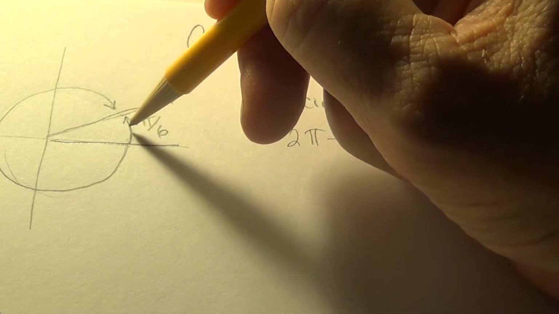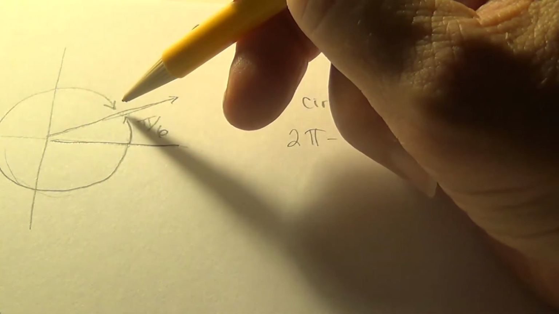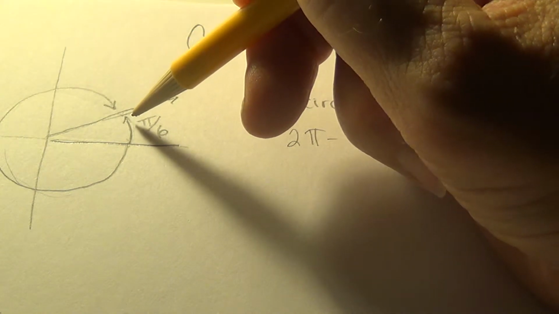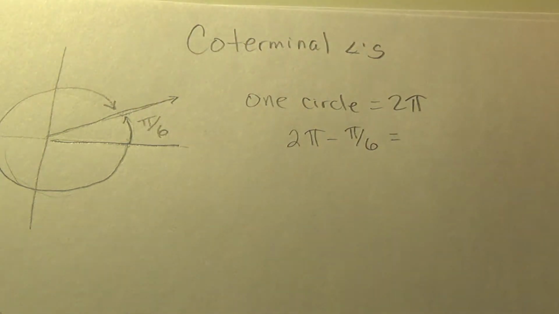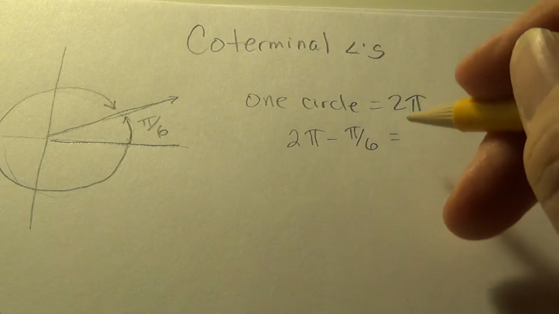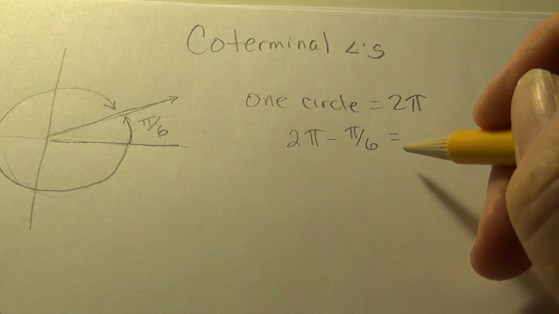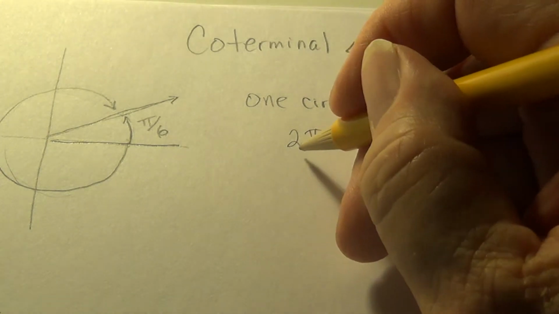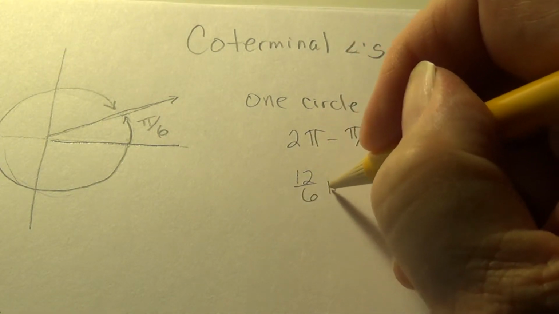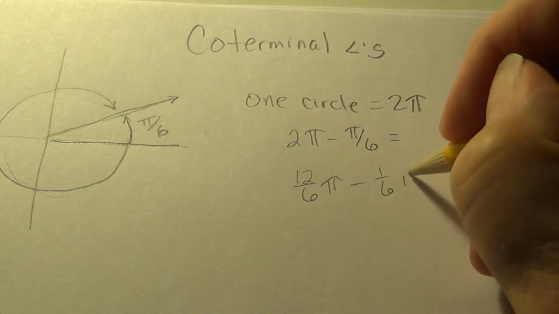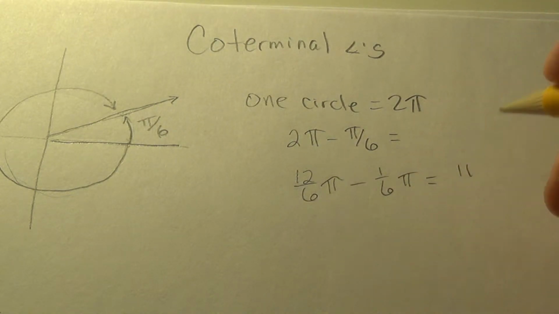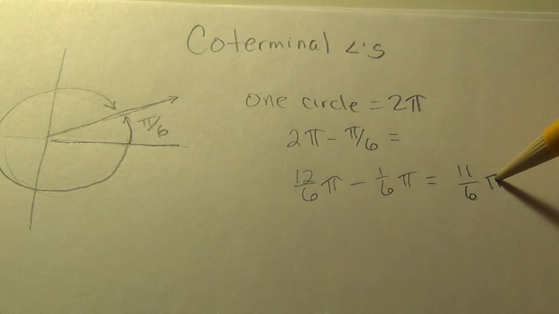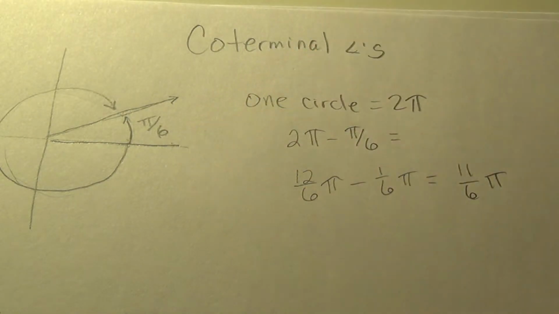And we did this in degrees when we did 360 minus 30, and we did it similarly. So no difference, just a different form here. So getting our fractions out, we're working in sixths. So 2 is 12/6 pi minus 1/6 pi is 11/6 pi. We say that this is coterminal to pi over 6.